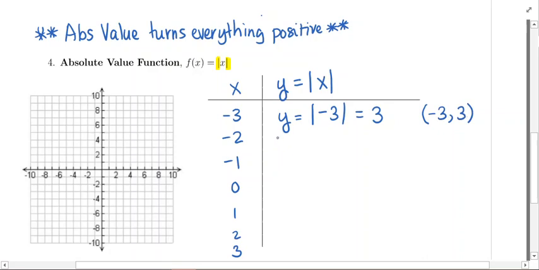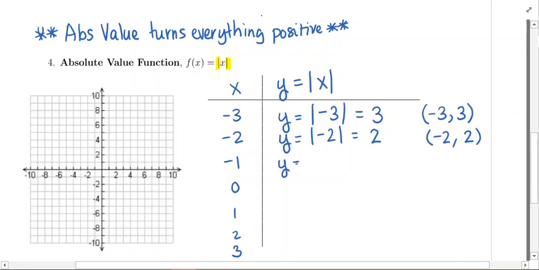So we just keep doing this. Now if x is -2, that means the y value is going to be the absolute value of -2. The absolute value of -2 is going to be +2. The absolute value just turns the number positive. So if x is -2, the y value will be +2. Moving on to x equals -1.